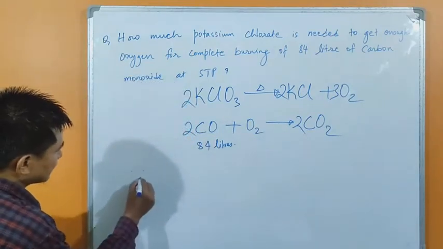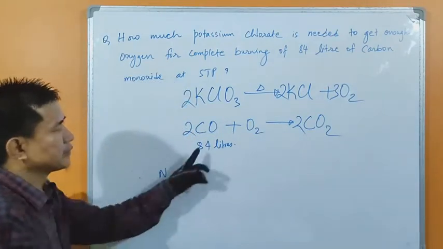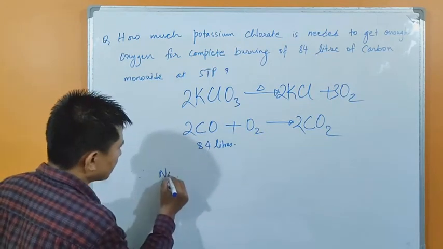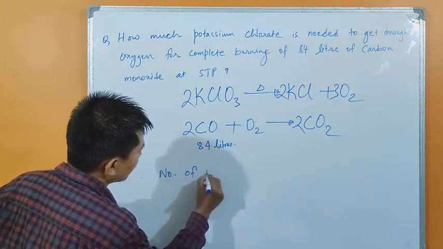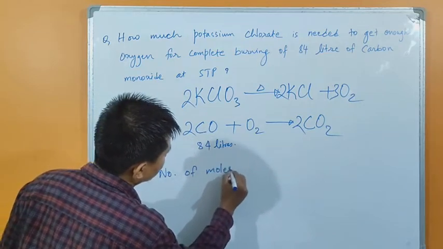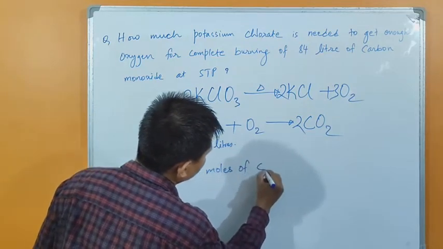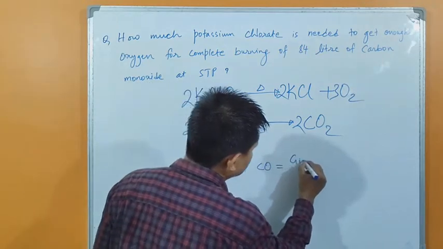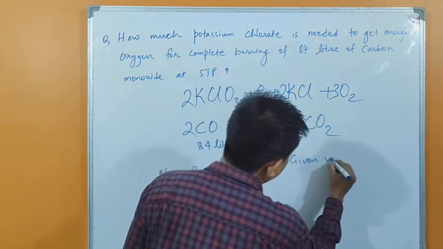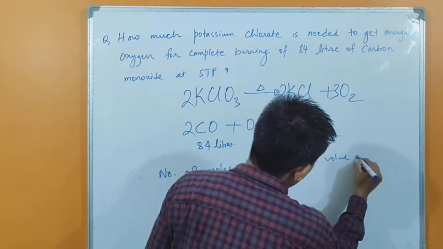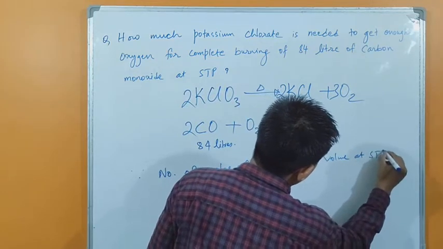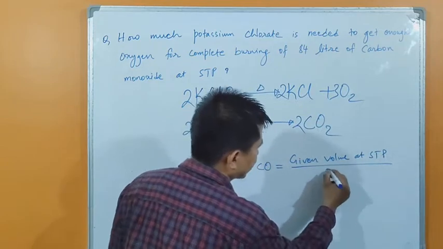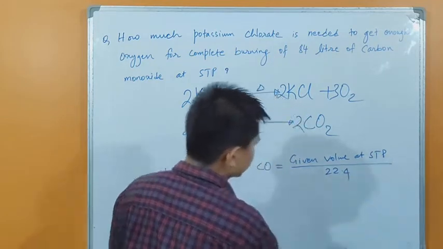Since volume is given, we need to use the volume formula. Number of moles of carbon monoxide equals given volume at STP divided by its molar volume. Molar volume of any gas is 22.4 liters, isn't it?